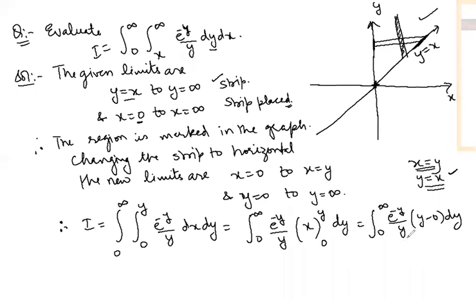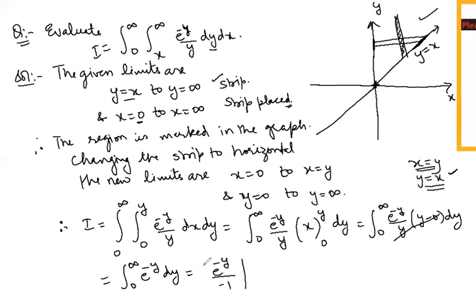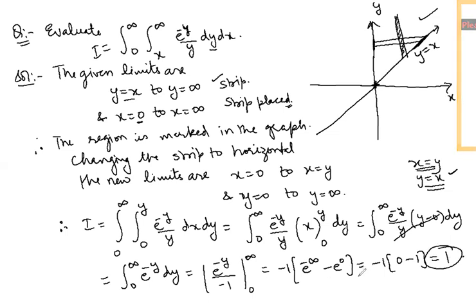The y will cancel, and this is 0 to infinity e to the power minus y dy. Now integrating it again, it is 0 to infinity, minus 1 comes outside, e to the power minus infinity minus e to the power 0. So it is minus 1 into 0 minus 1. So the answer is plus 1.